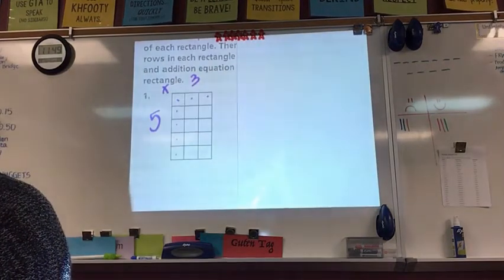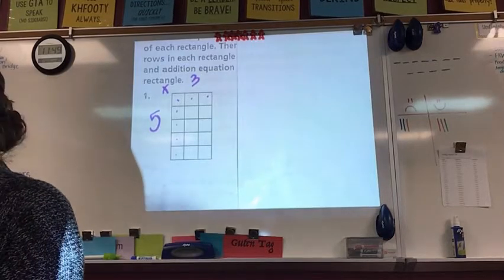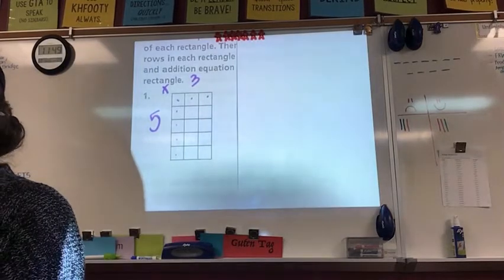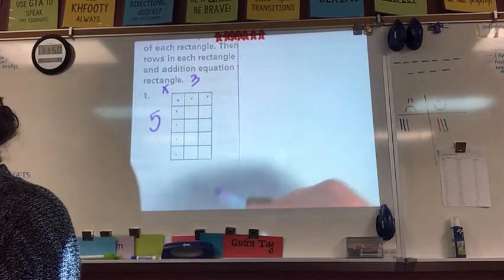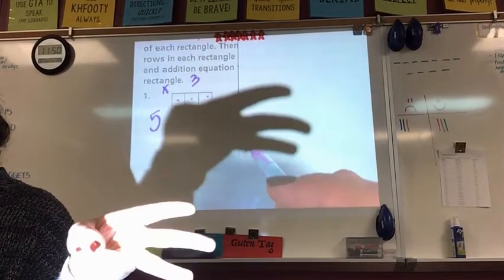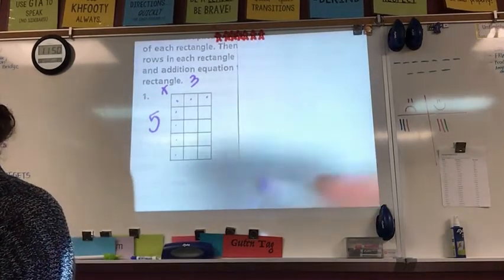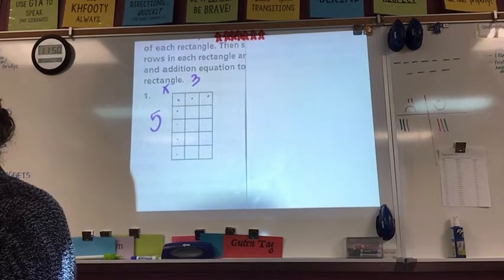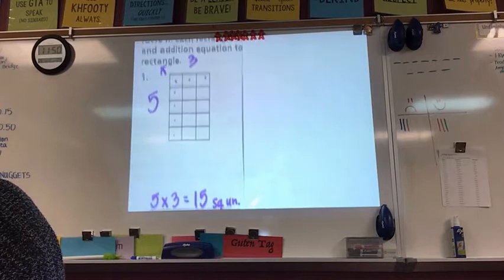So if I need to write a multiplication equation to solve it, I can say 5 times 3 equals 15. Let's try. 5, 10, 15. What equals 15? Square units. Very good.